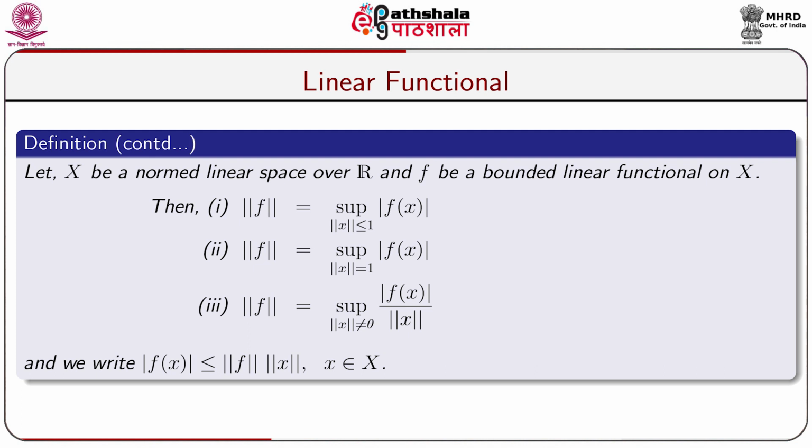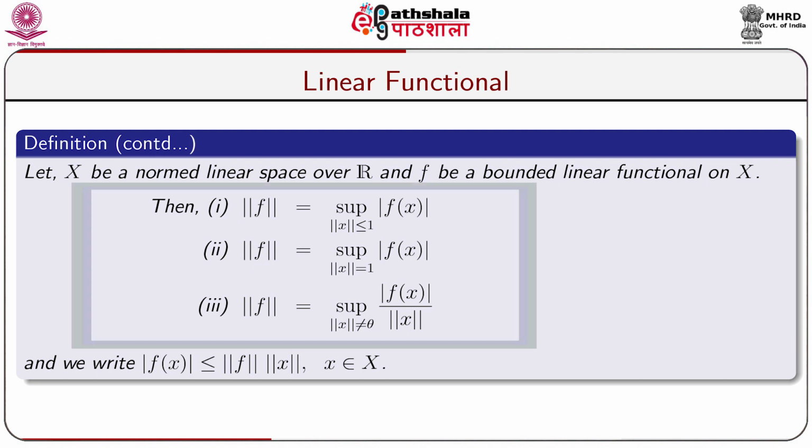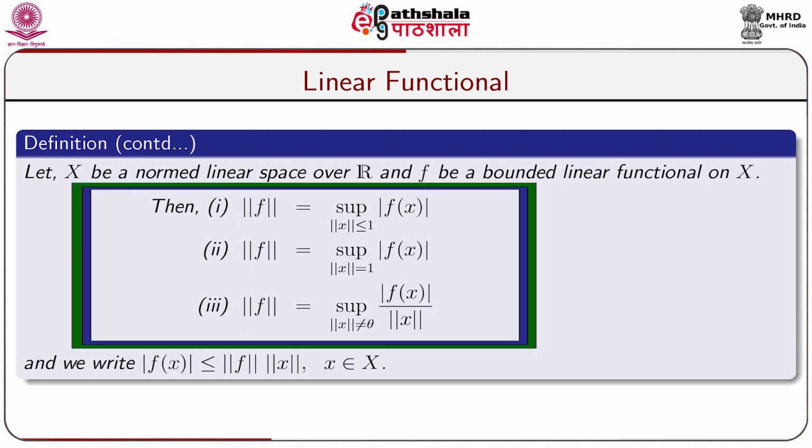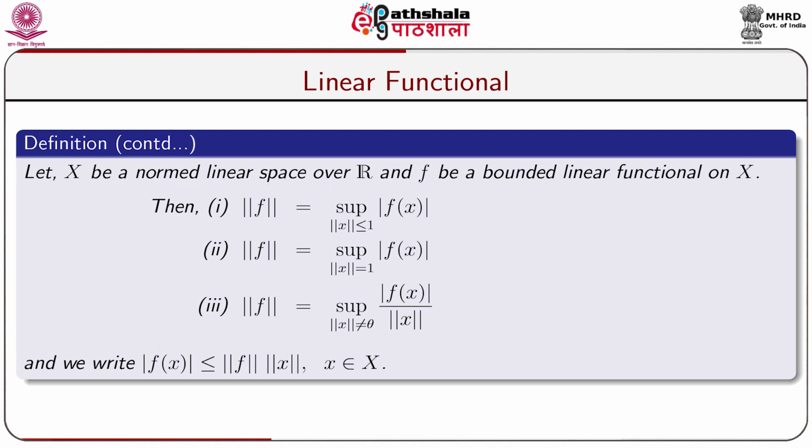So, it follows by the definitions as defined in the case of bounded linear operators. So, we get number 1, norm of f is equal to sup of mod of f x, where the supremum is taken over norm of x less than or equal to 1, that is, the supremum is taken over the closed unit ball.